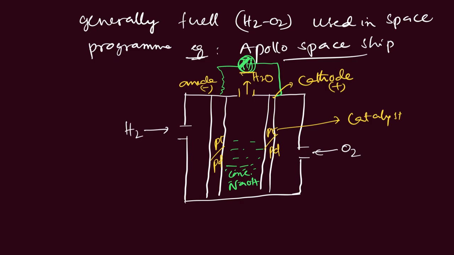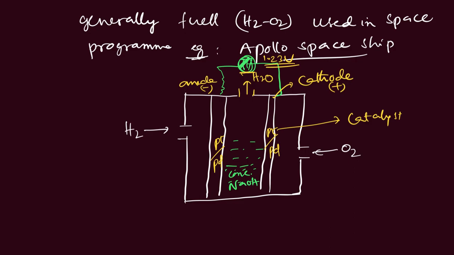The voltmeter reads 1.23 volt. Keep in mind, the cell potential of a hydrogen-oxygen fuel cell is 1.23 volt.